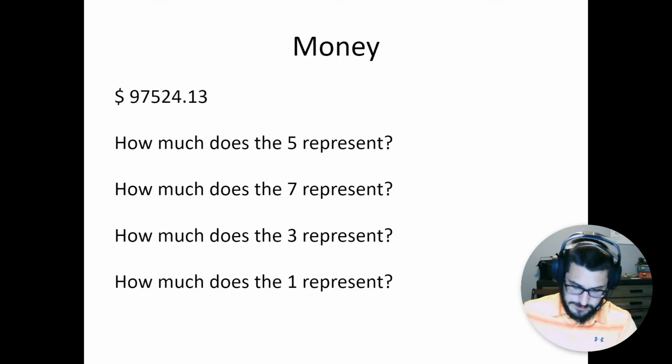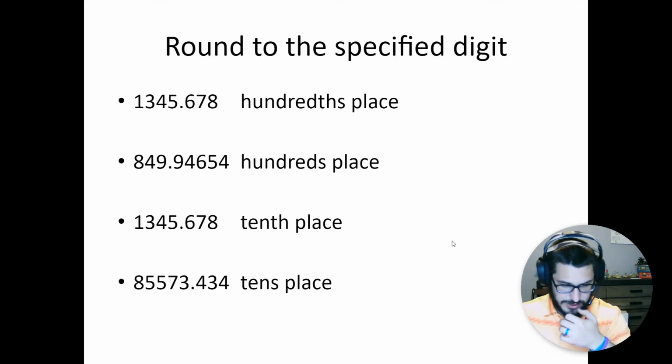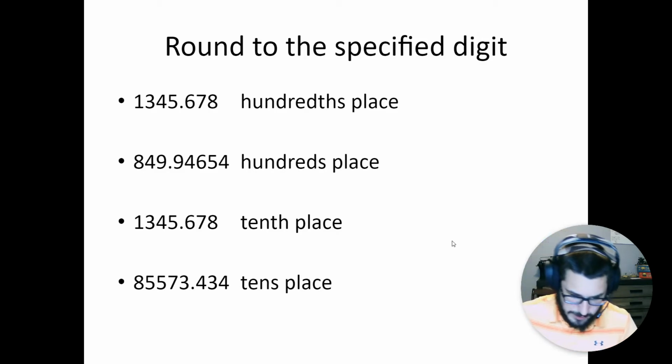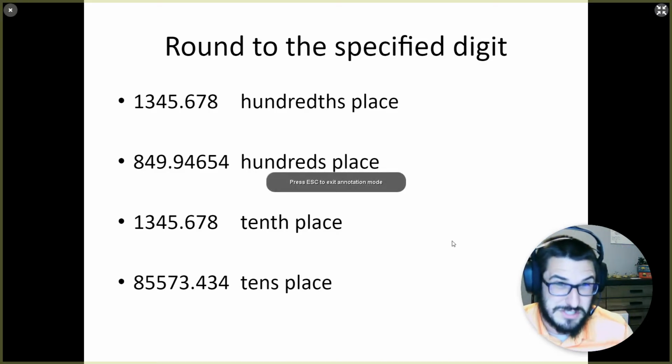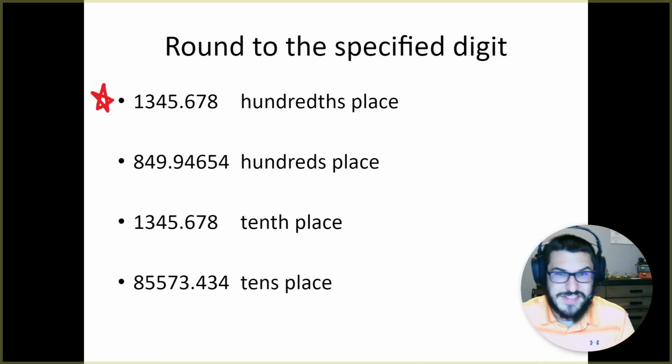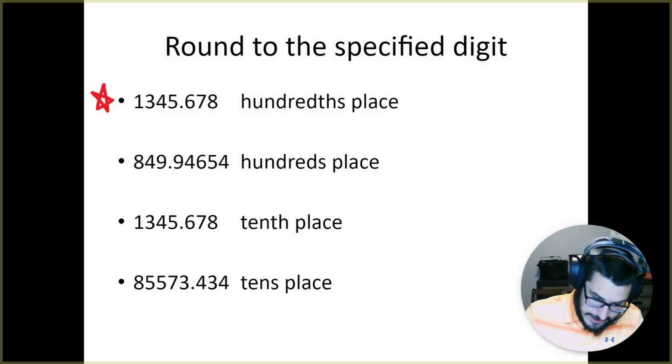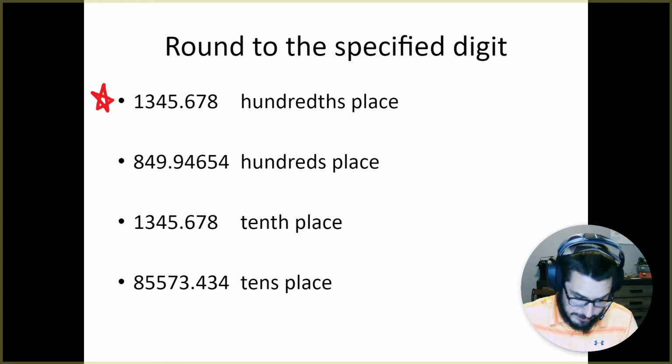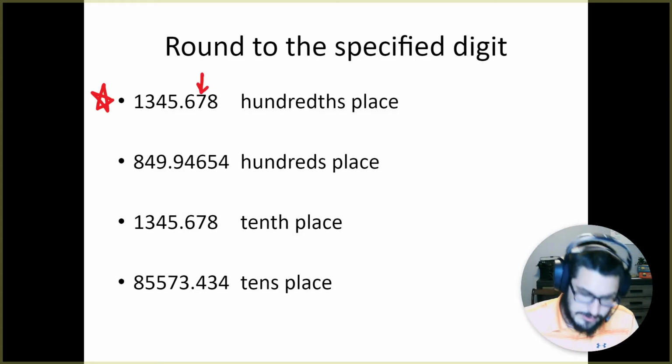Okay, so then when we're trying to do this, if I'm looking at trying to round to a specific place, like this first one, we're rounding to the hundredths place, then the hundredths place is right there.